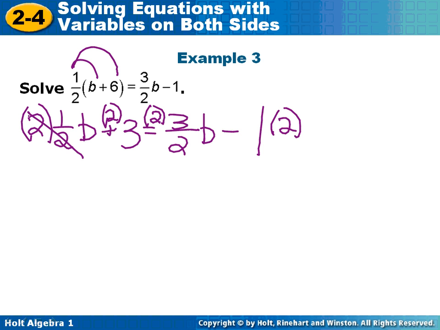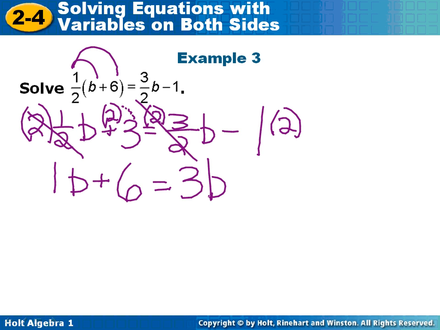The 2's cancel. I'm left with 1b. The 2 and the 3 have nothing to cancel with, so I'm going to have to multiply them to get 6. These 2's cancel, giving me 3b. This 2 doesn't cancel anything. I just multiply it by 1, and it's a minus 2.